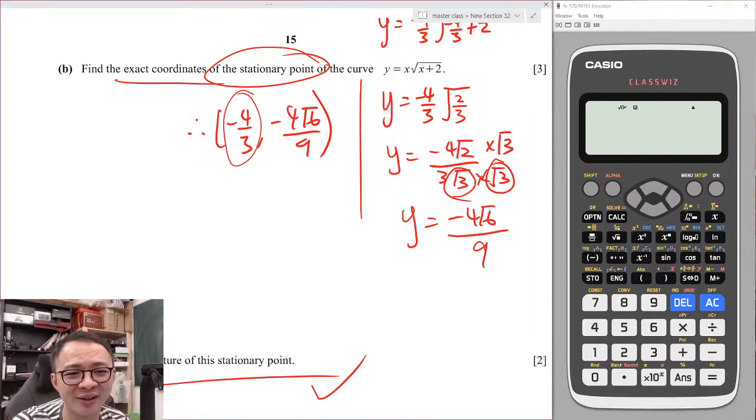Let me go find what paper, October November 2017. Okay, let's see if I can find it or not. 2017 October November paper 1. Okay.